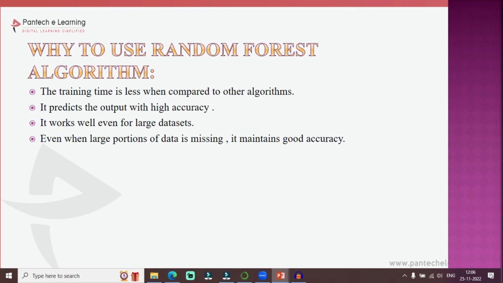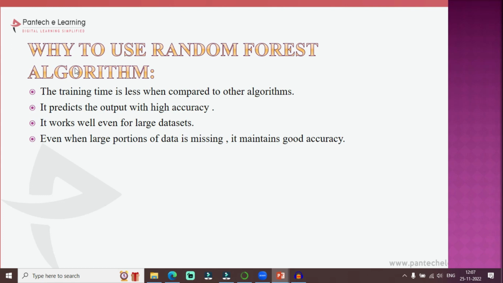Next I am going to discuss why I have to use this random forest algorithm. The training time is less when I compare this with other types of algorithms. It predicts the output with high accuracy.